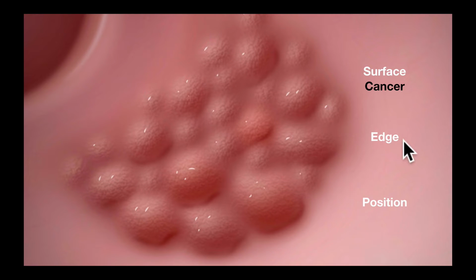Next, you look at the edge for any skirt lesion, and then you look at the position of the lesion, whether it is dependent or not. Let's talk about these features in detail.